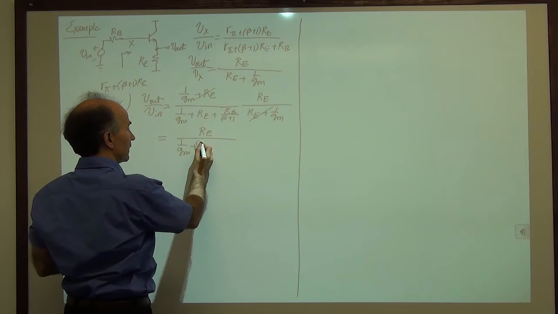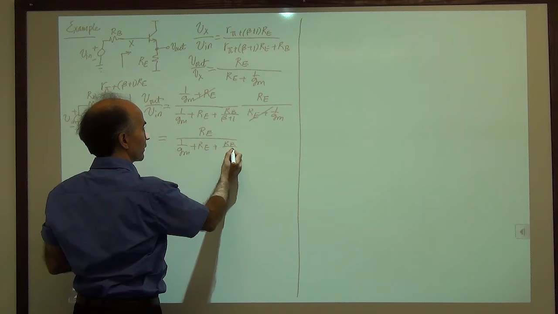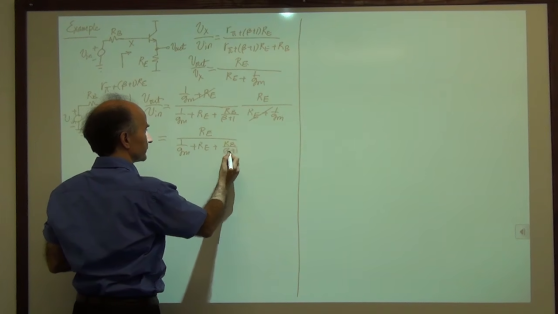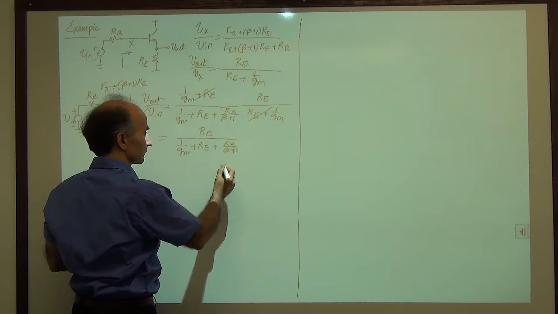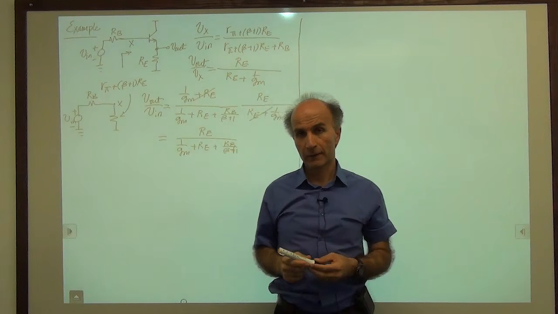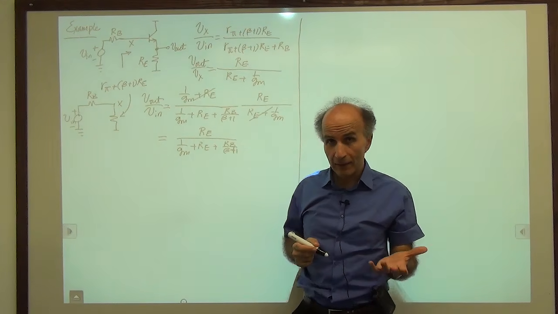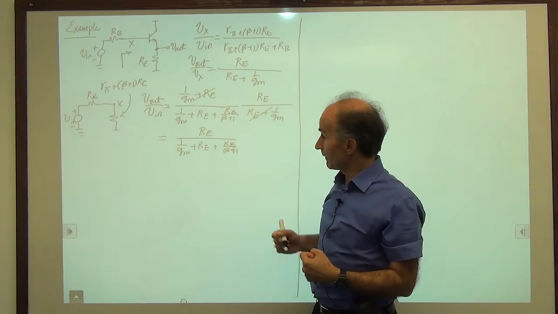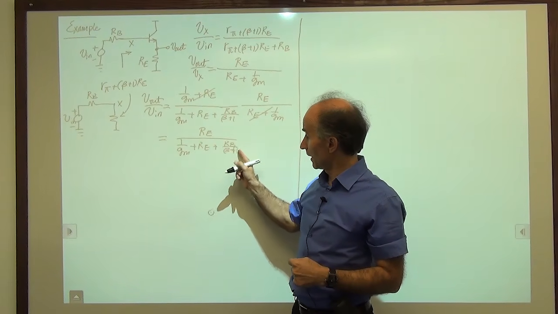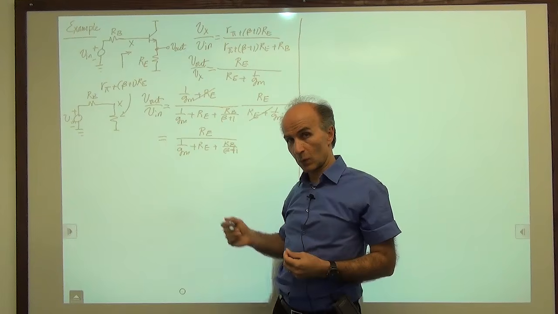Re over 1 over Gm plus Re plus Rb over beta plus 1. Okay, so that's the voltage gain of this emitter follower. When we have a resistance in the base, for any reason, it manifests itself in the voltage gain with this factor of Rb over beta plus 1.